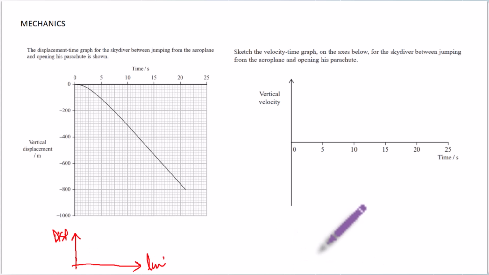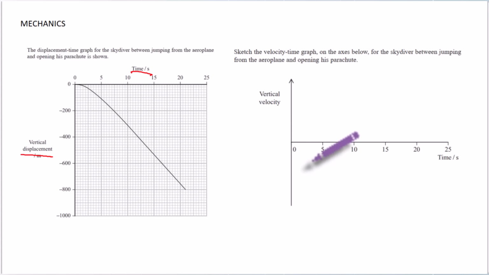But what they have done here is they have given a downward sloping line, meaning the gradient at any given point is negative. Downward sloping lines always have a negative gradient. And guess what? The gradient of displacement time graph gives me velocity. So all the velocities will be in the negative axis.